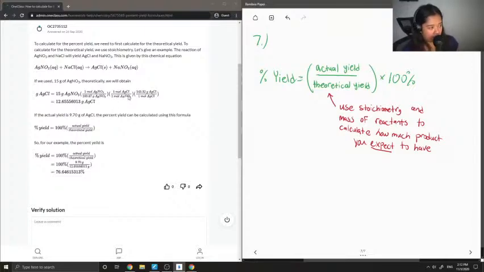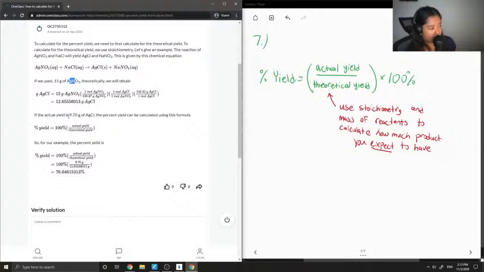So they did 1/1. And then to find the mass you would theoretically obtain, you need to multiply those moles by the molar mass of silver chloride. So theoretically, if we used 15 grams of silver nitrate, you should get 12.65 grams of silver chloride.